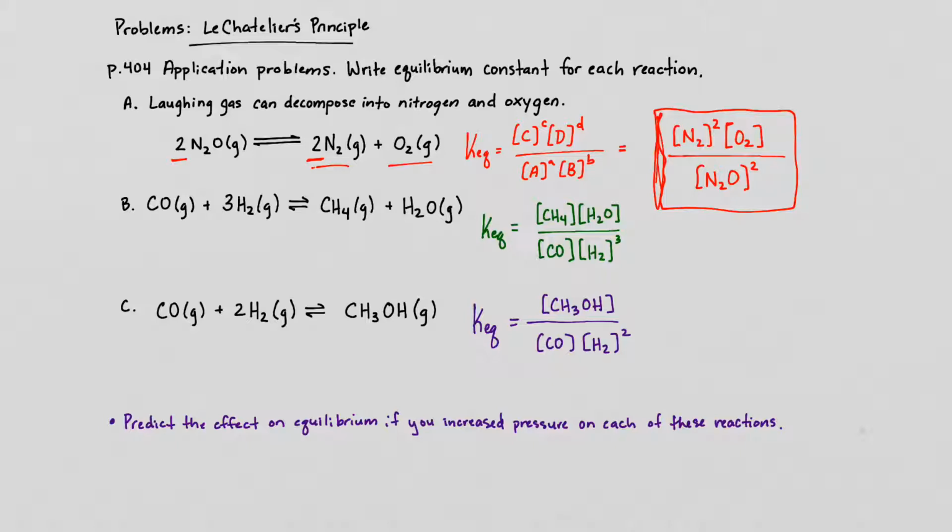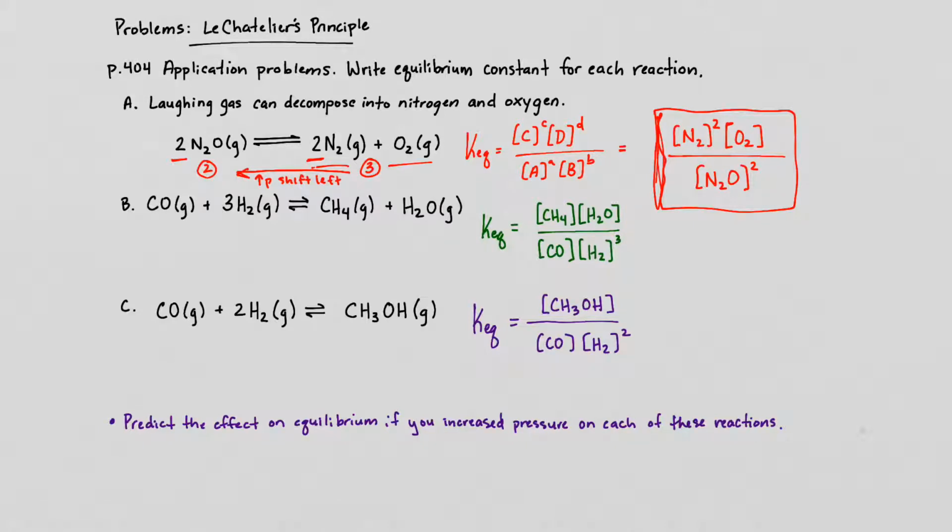We see that in this first reaction, we have 2 moles of gas on the left side and 3 moles of gas on the right side. So if we increase the pressure, it'll force equilibrium to the left. If you increase pressure, shift left.